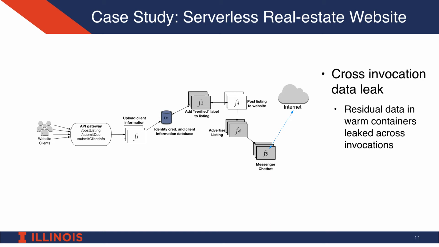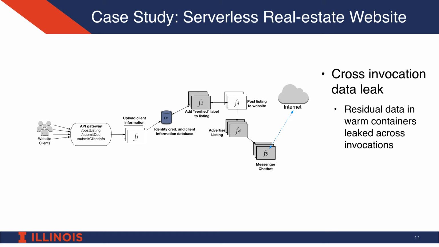The untrusted function F2, because it is a third party function, can have an exploitable vulnerability. But the attacker cannot maintain persistent control of the function because it is ephemeral.